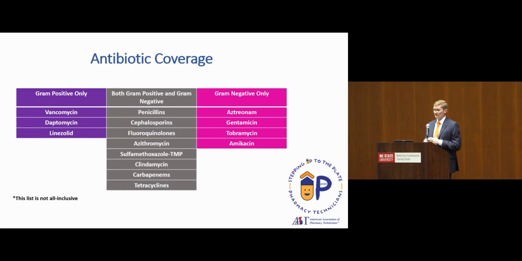So most of our antibiotics, like our penicillins, amoxicillin, our cephalosporins like Keflex, our fluoroquinolones like Cipro and levofloxacin, azithromycin, Bactrim, clindamycin, and tetracyclines, are going to have a little bit of gram-positive coverage and a little bit of gram-negative coverage. So these are typically going to be helpful for a lot of different types of infections, because with most types of infections we're concerned about, there might be a gram-positive causing it or there might be a gram-negative causing it.